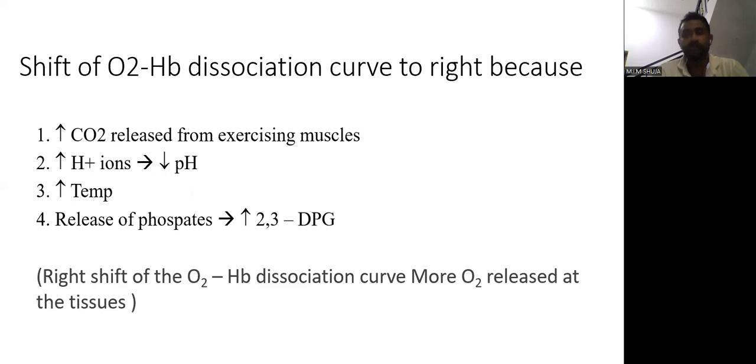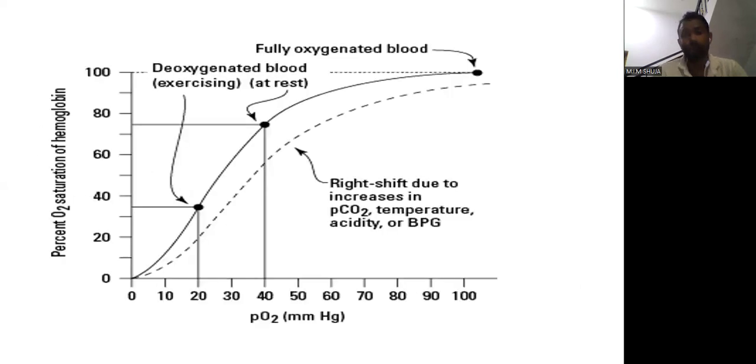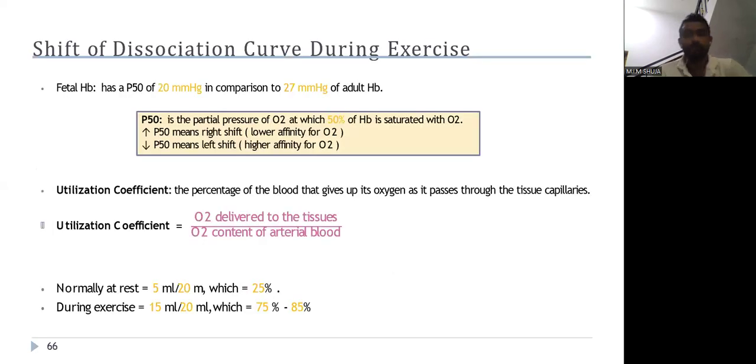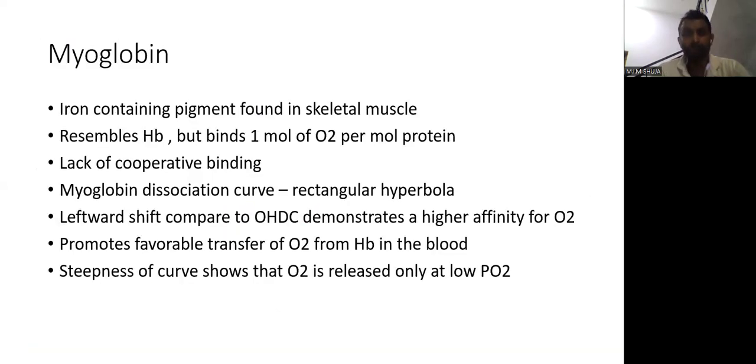So when you are doing exercise, there is increased carbon dioxide release from exercising muscle, hydrogen ion increases, pH reduces, temperature increases, 2,3-DPG increases. So there's a right shift of the oxygen dissociation curve. So more oxygen is liberated to the tissues. These are just a summary of what I have been talking.